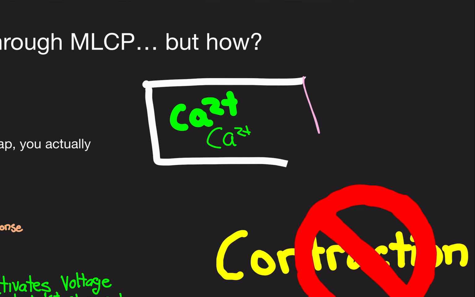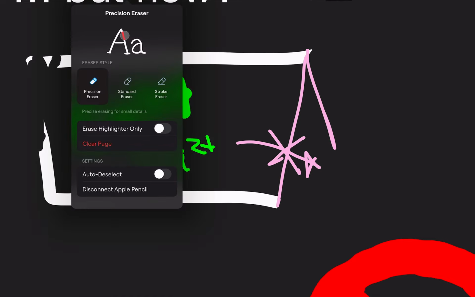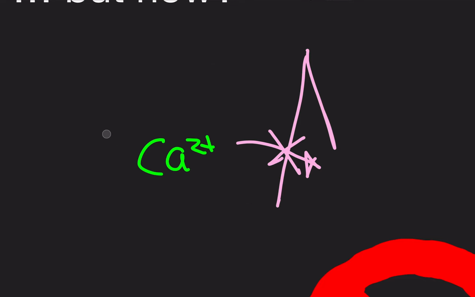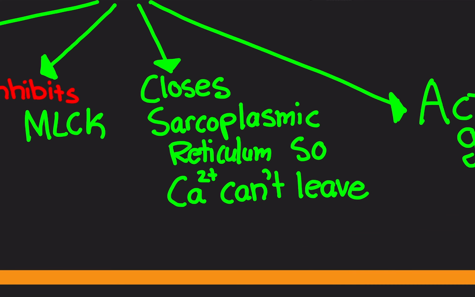Well, what PKA does is it basically closes the gate. So no calcium can leave. It's not possible. That's literally what's happening. Because remember, the calcium is what's causing the smooth muscle to even contract. But if we don't have any calcium, it won't contract. So once again, the sarcoplasmic reticulum closes so this calcium cannot leave.